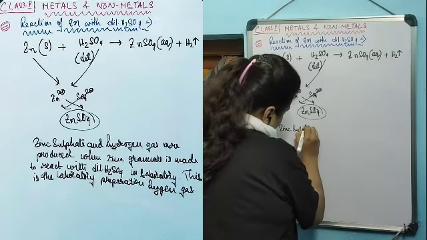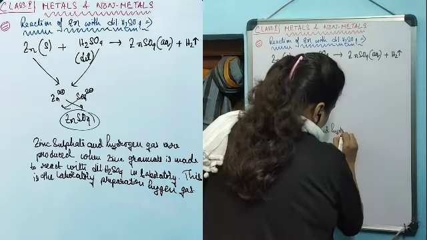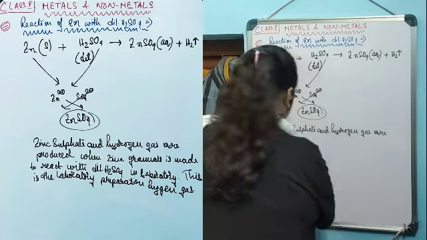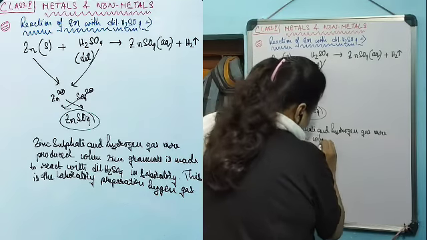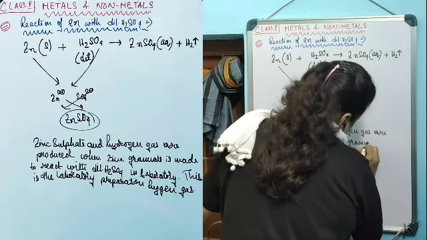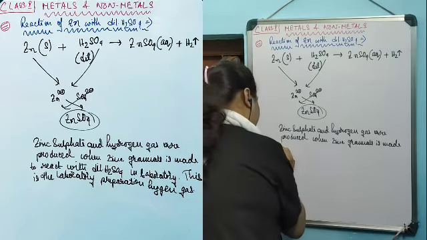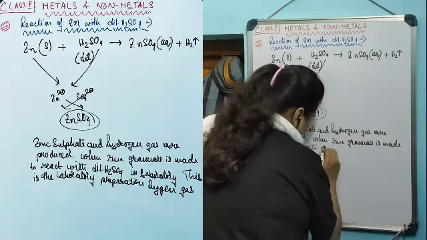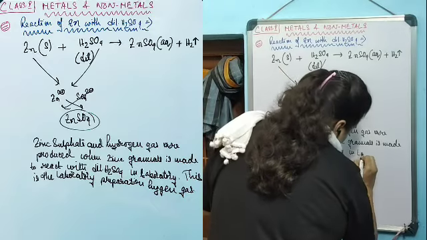Zinc sulfate and hydrogen gas are produced when zinc granules are made to react with dilute H2SO4 in the laboratory.